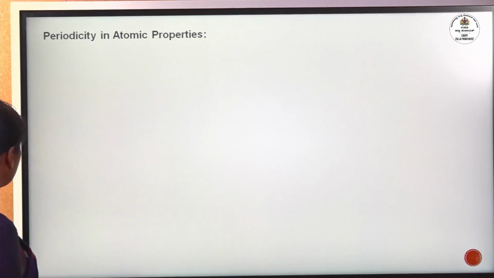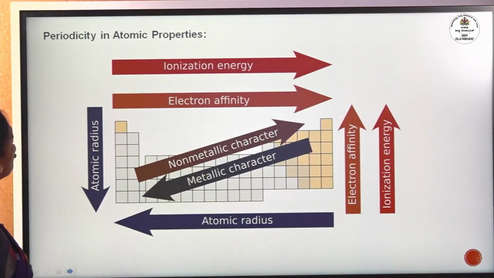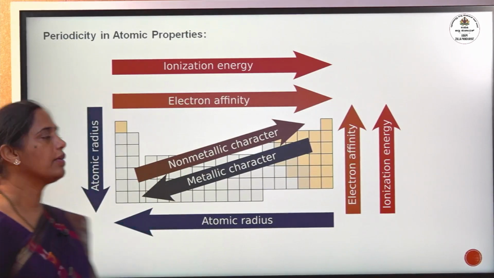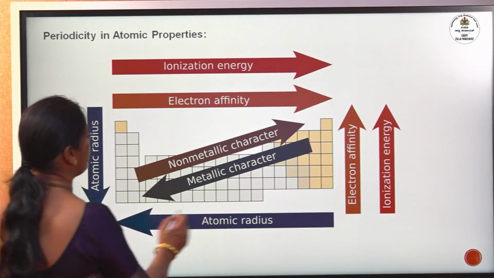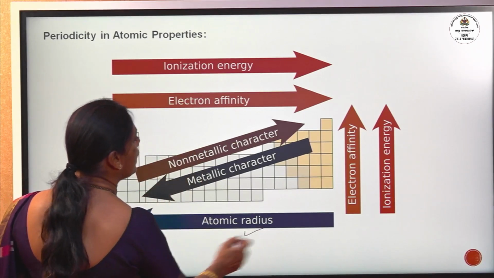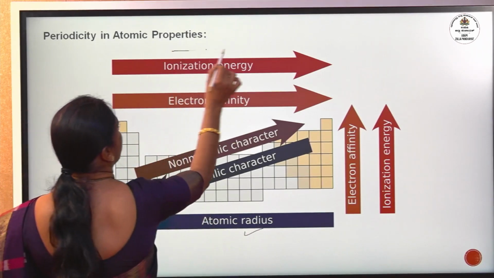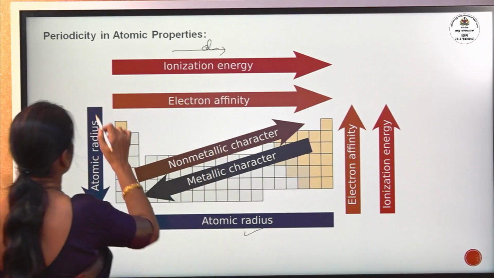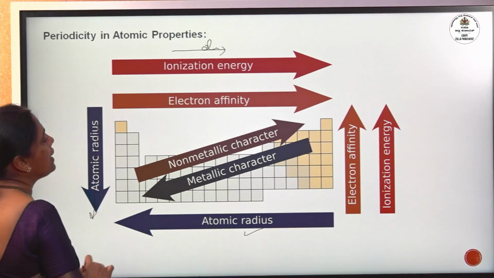Next we will see periodicity in atomic properties. We have different periodic properties of the elements. Out of that, first we explain atomic radius. As we move from left to right, atomic radius decreases, whereas from top to bottom atomic radius increases.